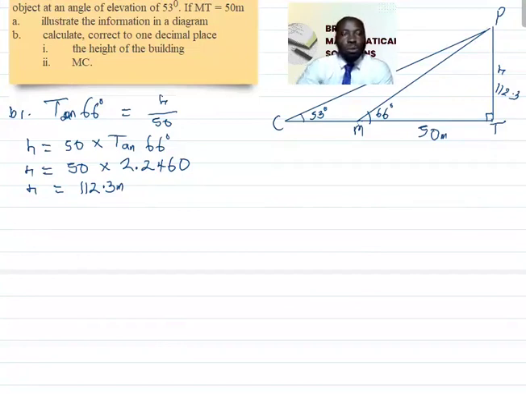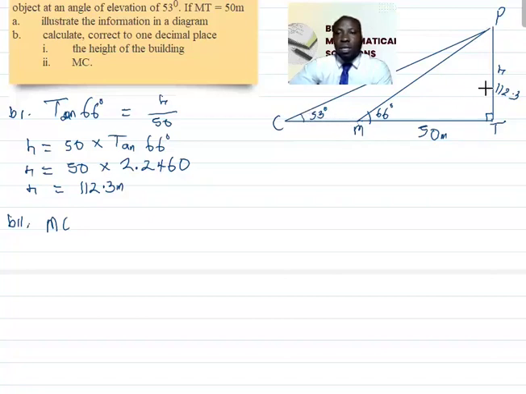So the second question says B2, that is B Roman figure 2. It says we should calculate for MC. Now, for us to calculate MC, we cannot calculate MC in isolation with this kind of problem. We have to calculate what is here, and look at the angle that we have here.